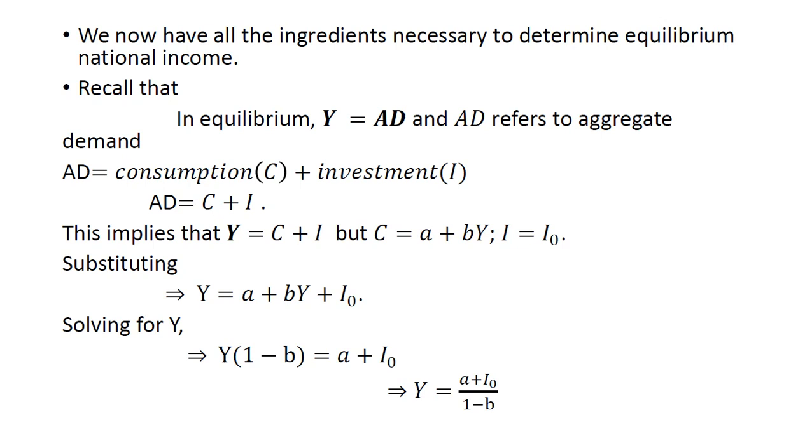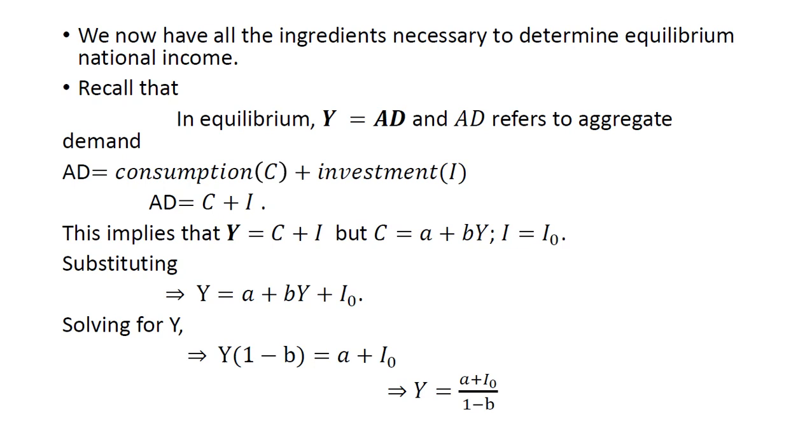So the C is also a function of Y. So in that case, we cannot just simply sum C plus I to get Y. There is a problem of endogeneity there. So we need to solve for the Y.